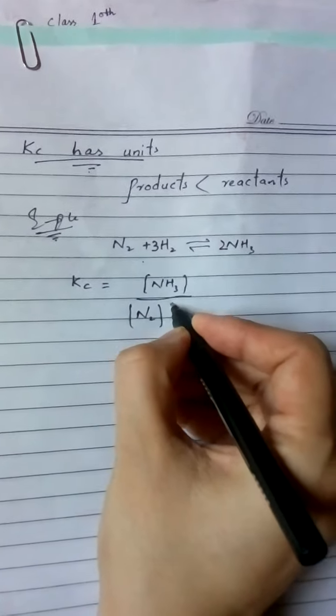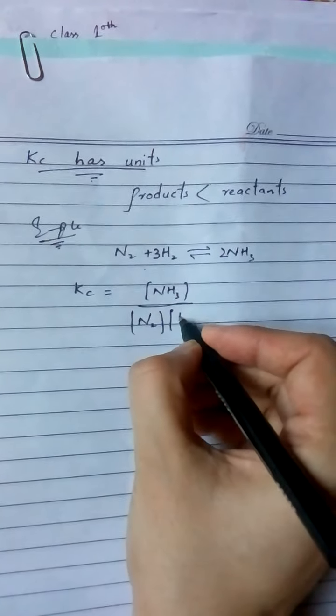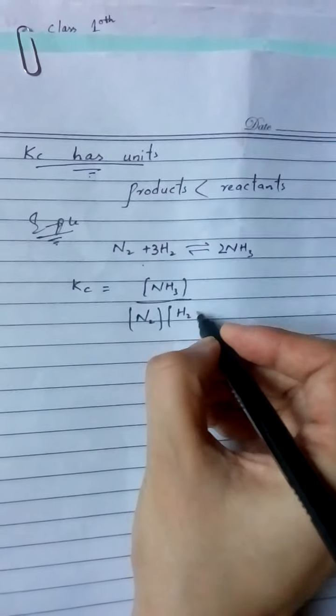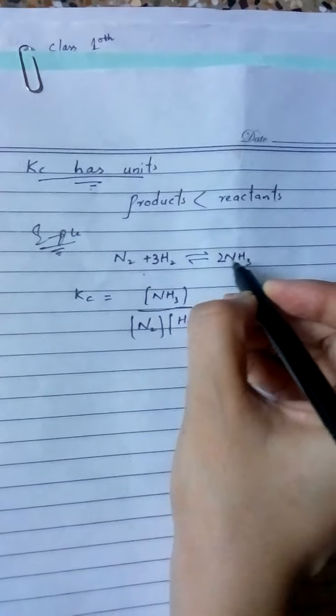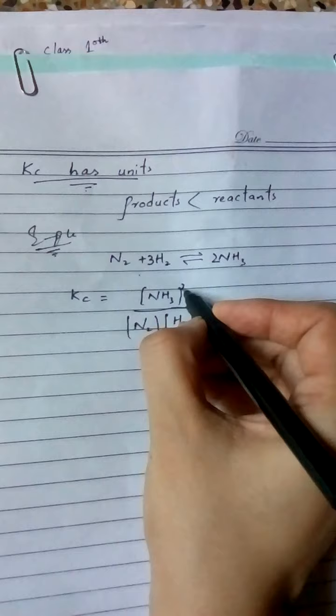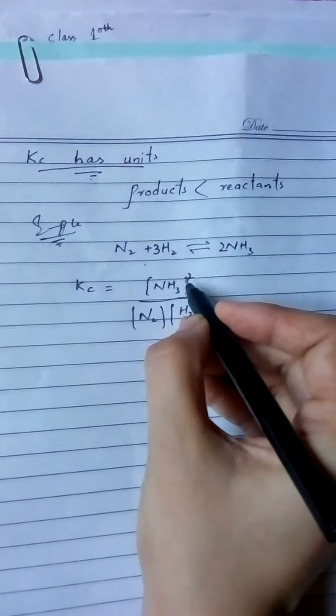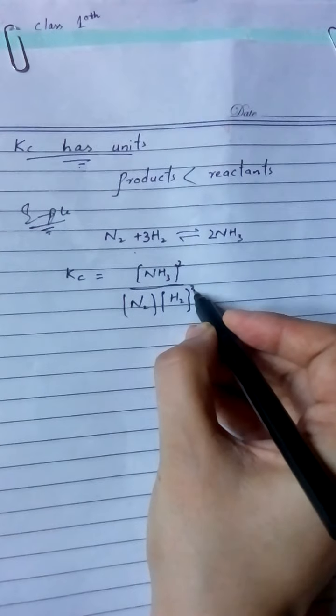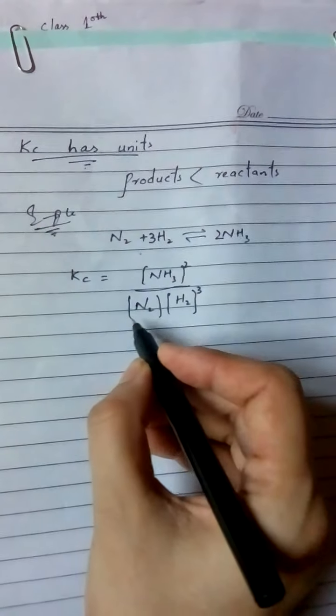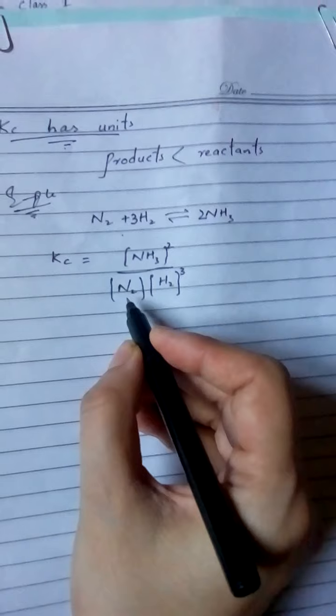So here we will write products as the numerator and reactants as the denominator, raised to the powers which are the coefficients here. Here a coefficient 2 is in front of NH3, so we will write 2 here. Here a coefficient 3 is present, so we will write 3 here. Here a coefficient 1 is present, so we will write N2 one time.